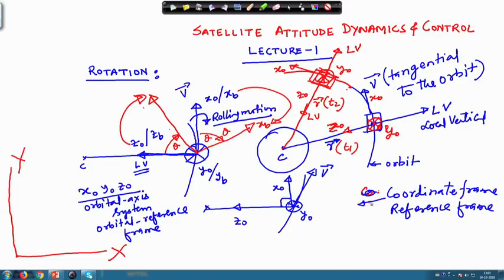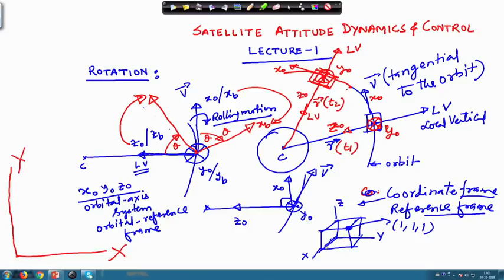In the coordinate frame, usually we describe the coordinates of a system. Like I have a body like this, and I want to describe the coordinates of this corner. Let us say this is x, y and z vertically up, and if this is a unit cube, this will have coordinate 1, 1, 1. So this is a coordinate frame, while the reference frame differs from the coordinate frame in that in the reference frame we describe the motion of a particle, or it may be the motion of a body.